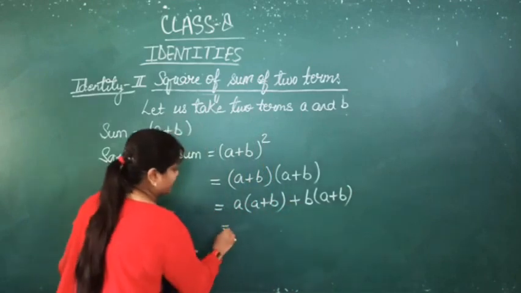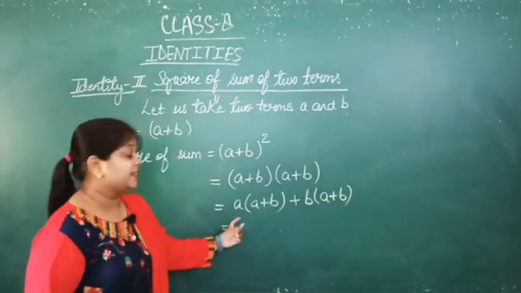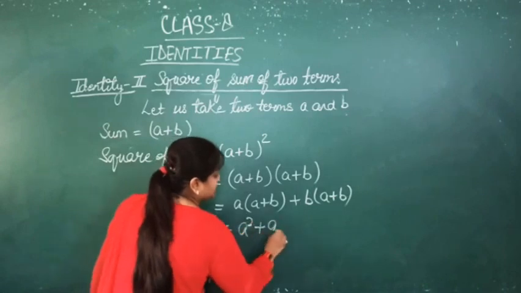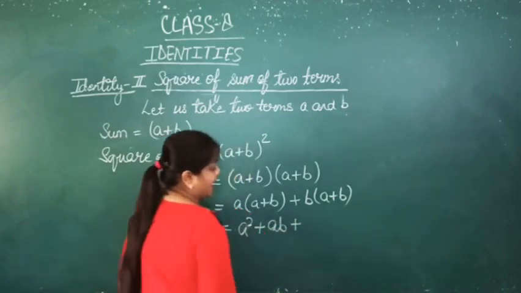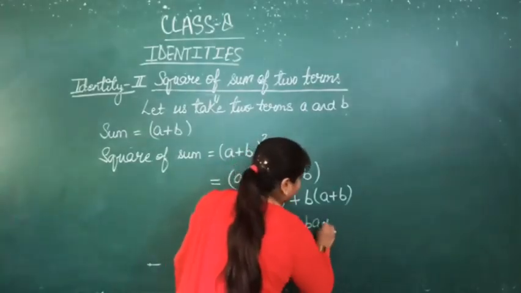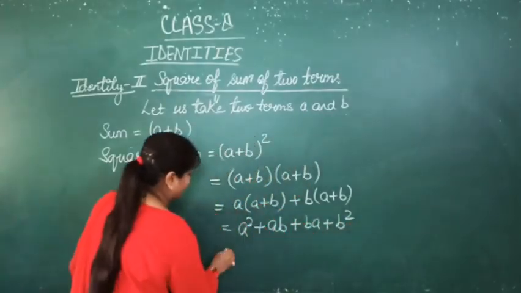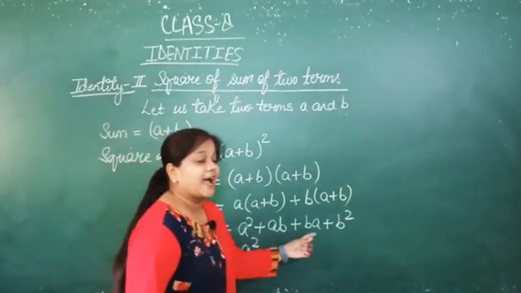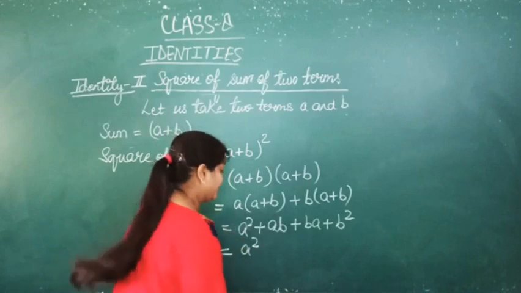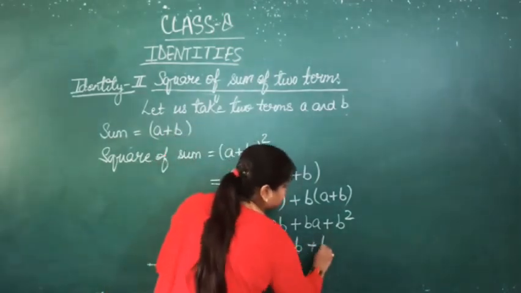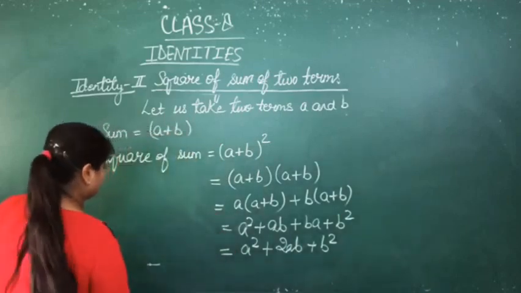Multiplying this a inside, we'll get a square plus ab. And when this b will be multiplied inside, we'll get ba plus b square. Now a square plus ab and plus ba will give plus 2ab and plus b square.